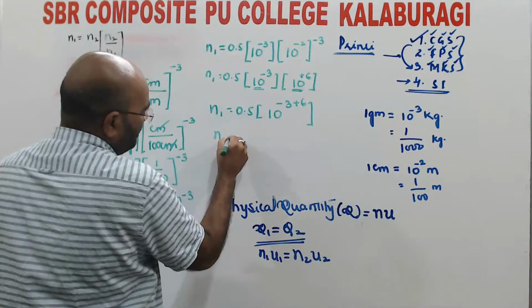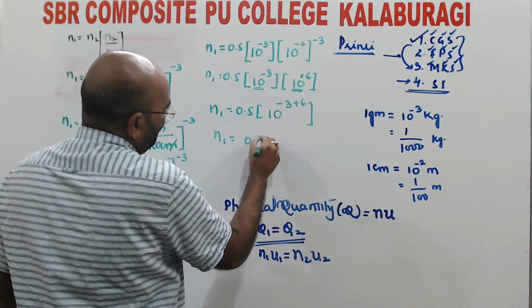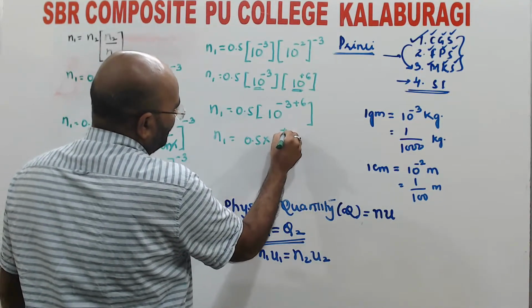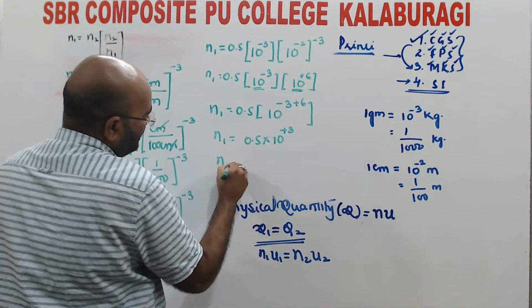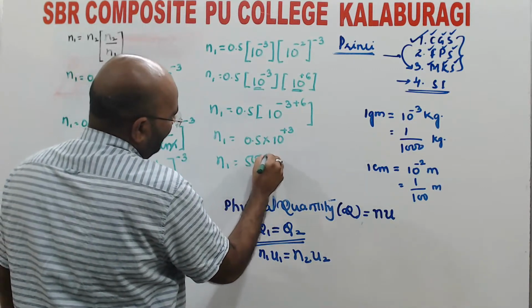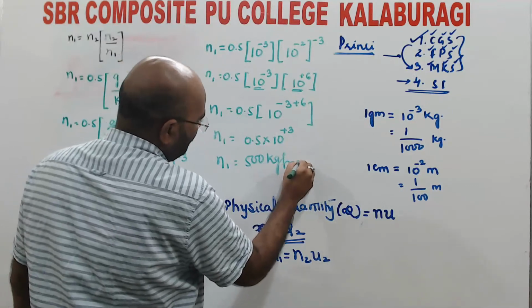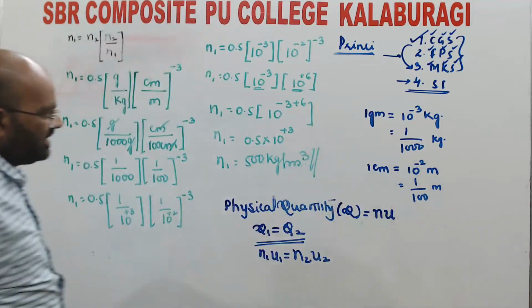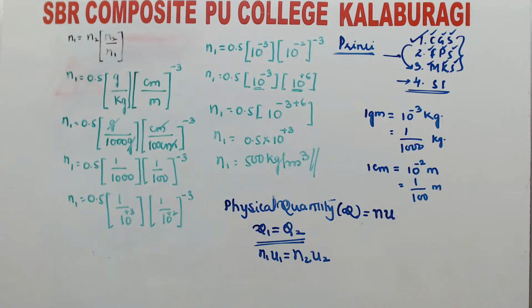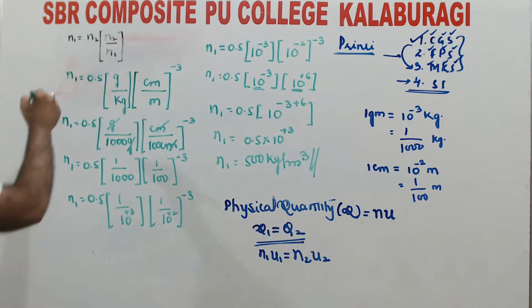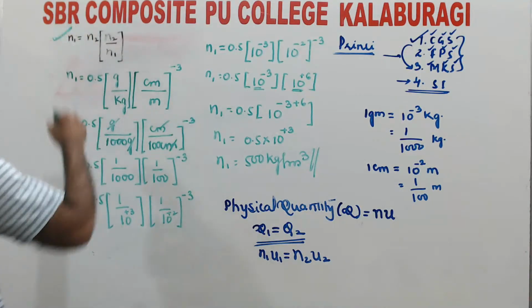Then N1 is equal to 0.5 into 10 to the power plus 3. N1 is equal to 500 kg per cubic meter. So this is the excellent answer. Just remember, this is the system we are going to be using.